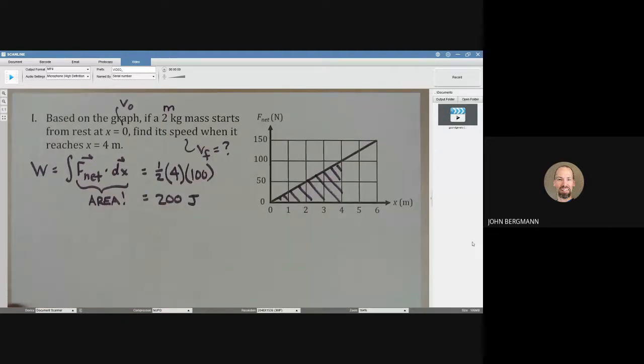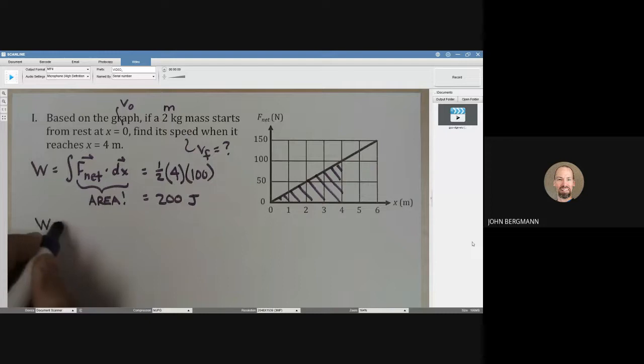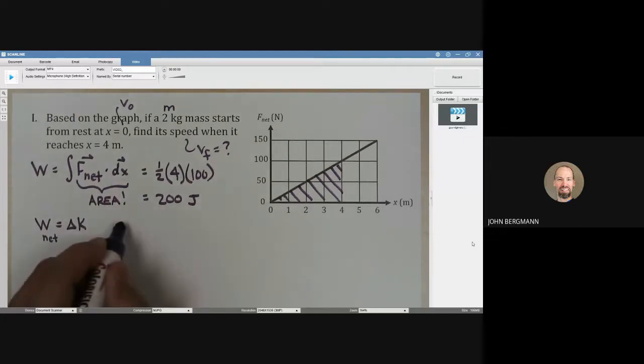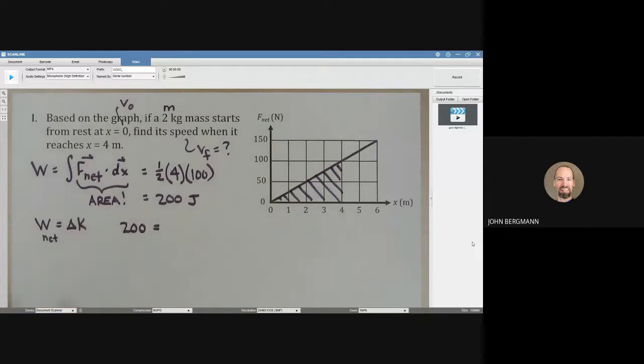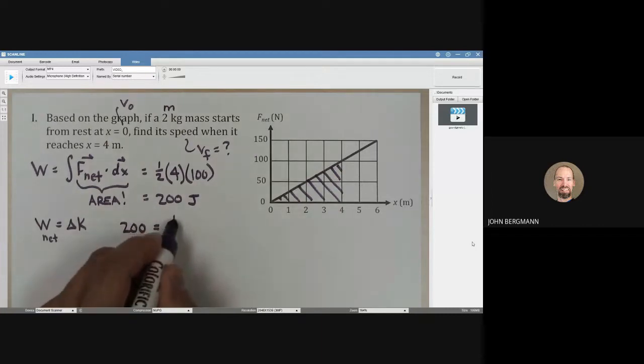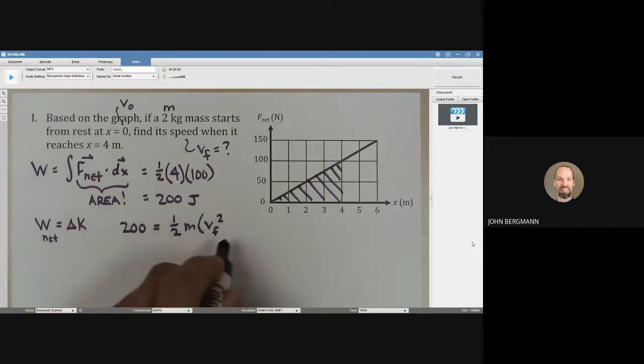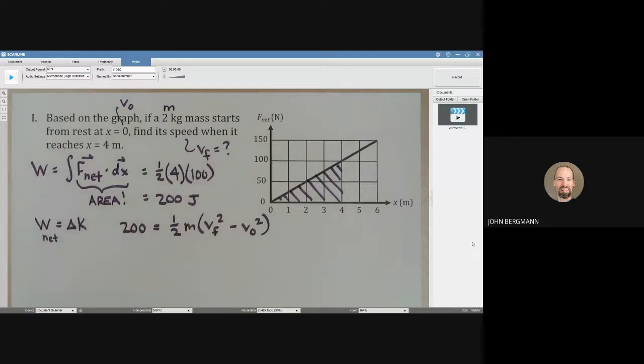Similarly, back in that big picture diagram that we did a few videos ago, there was a very important equation. We'll give it a name later on. It's called the work energy theorem, and it says that the net work done is equal to the change in kinetic energy. And what's kinetic energy? 1/2 times m, the quantity V final squared minus V initial squared.